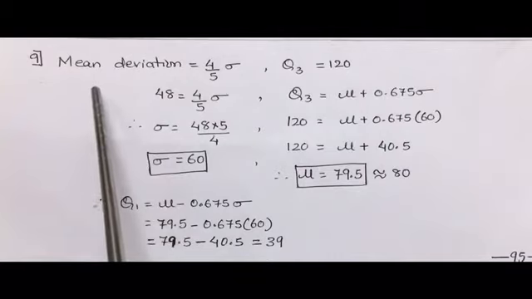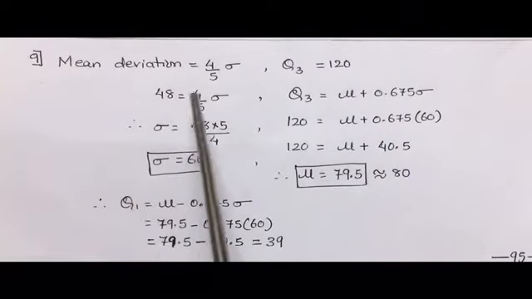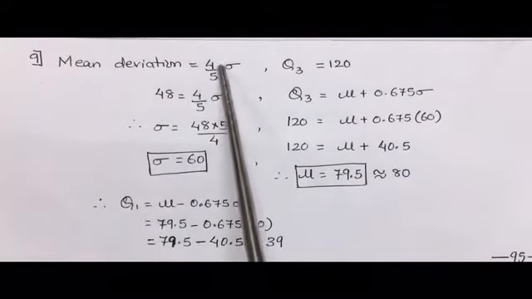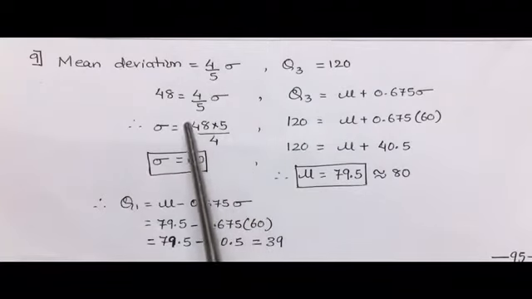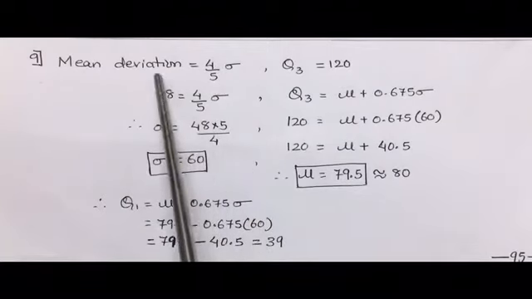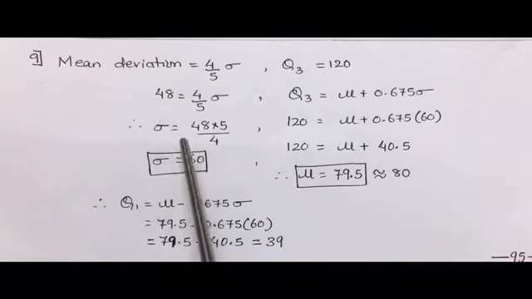Now using the formula of mean deviation, that is 4 upon 5 sigma, putting mean deviation as 48 and calculating for sigma, we get the value of sigma as 60.